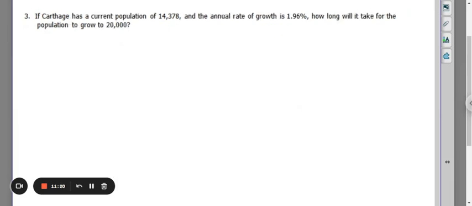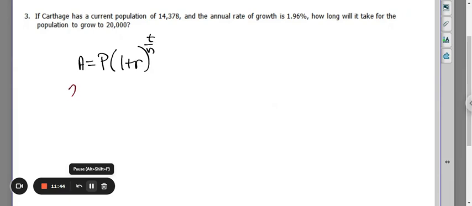All right. Solve this one. When are we going to get to 20,000 people? This will be like number 1, where you're solving for the years. All right. So the equation, again, we're dealing with growth. So we want to know when it reaches 20,000.